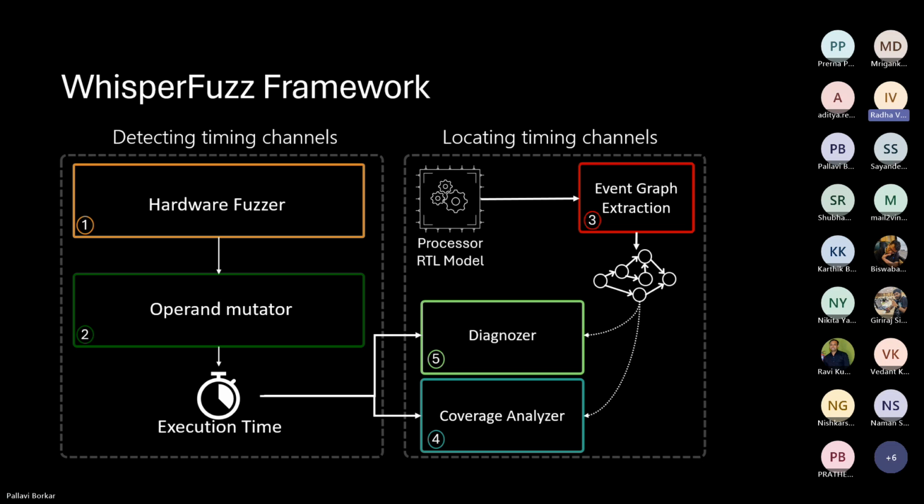Now this event graph extraction, which you said you're doing so that it will be hardware language agnostic, right? It is more that we will be able to locate the root cause of the vulnerability.